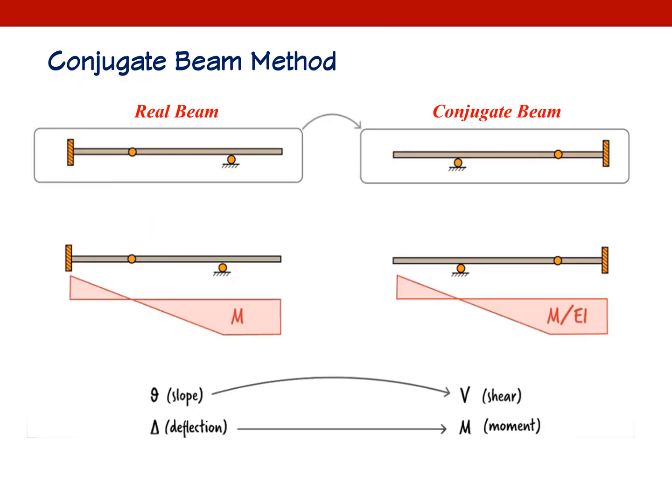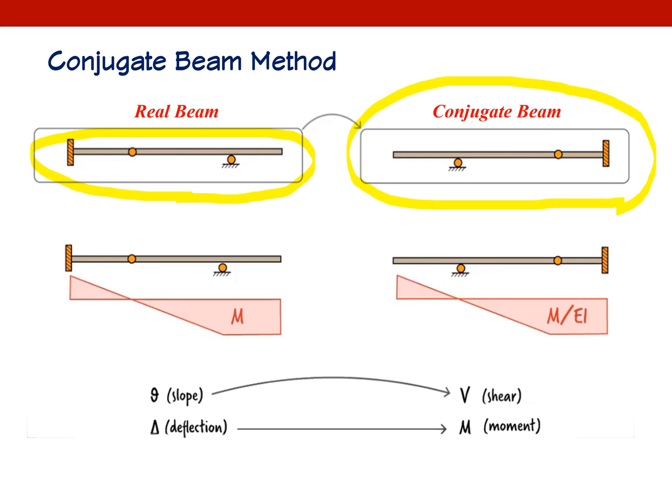Okay, again, to summarize, there is a real beam here, and we are supposed to calculate the slope and the deflection of the real beam. Then we are going to come up with its conjugate beam, which is an imaginary beam, not a real beam, by switching the support conditions.